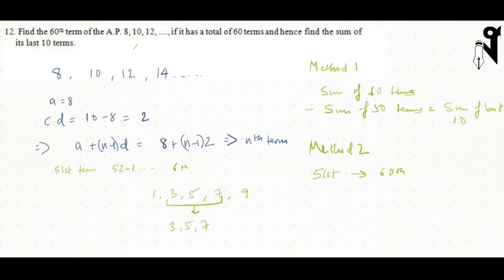So over here in method 2, I can basically construct an AP with the new first term as the 51st old term, and go with the same common difference all the way up till the 60th term. So I'll leave method 1 to you. I'll solve the problem using method 2.